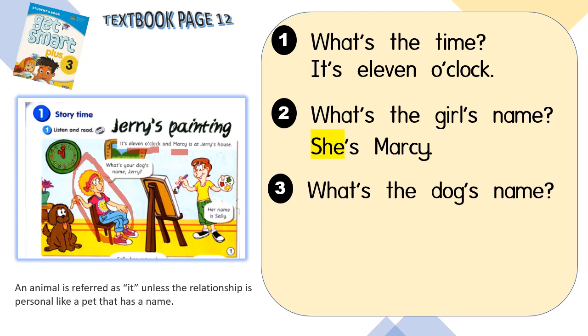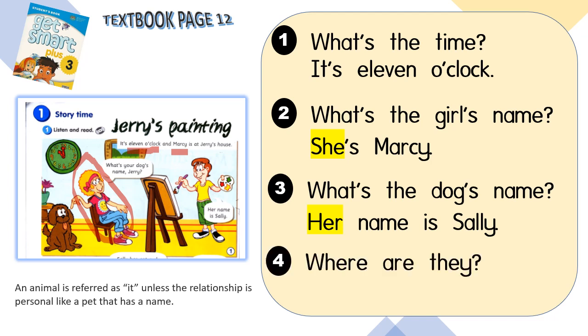So, since the dog's name is Sally, then we call this dog she. And if we want to answer the question, we can say she's Sally. But here, you can also write her name is Sally. Okay, both are correct.